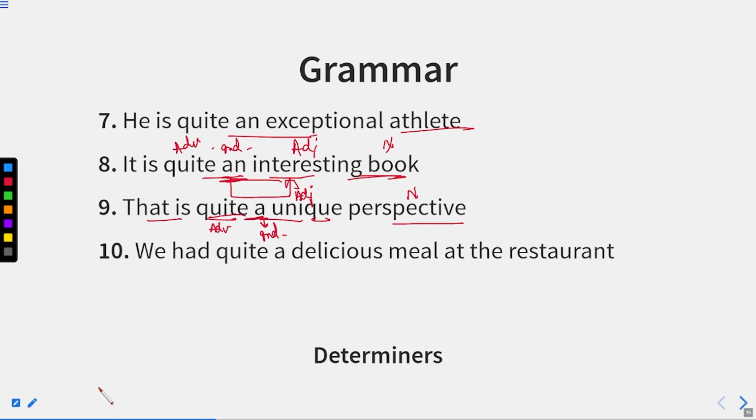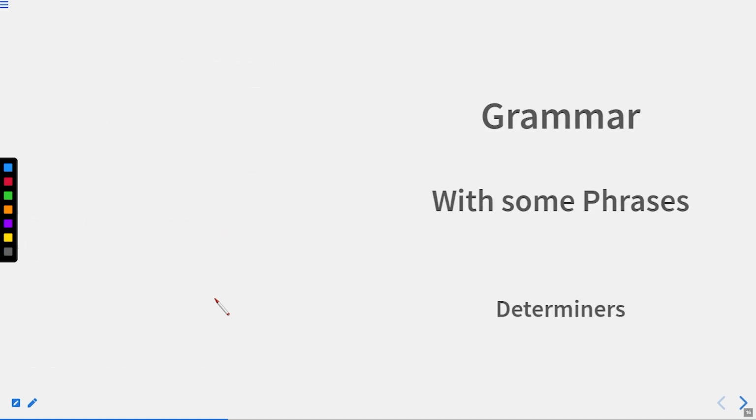Now unique begins with a consonant sound, therefore we are using a over here and not an. We had quite a delicious meal at the restaurant. Meal is a noun, delicious is an adjective, and a is the indefinite article, quite is an adverb. So this is how we use an indefinite article before the adjectives and after the word quite.